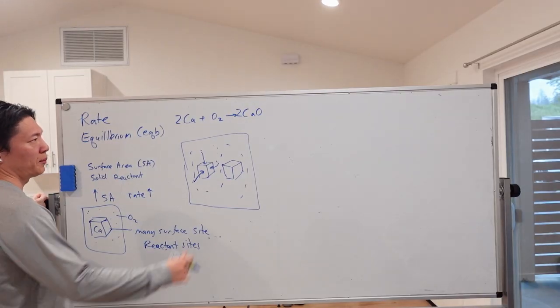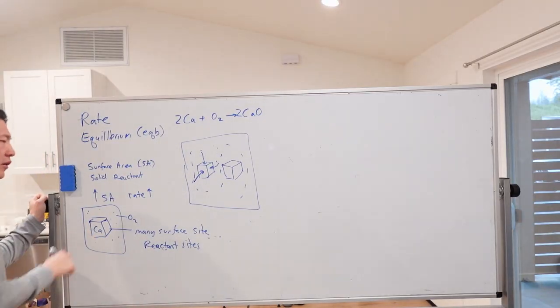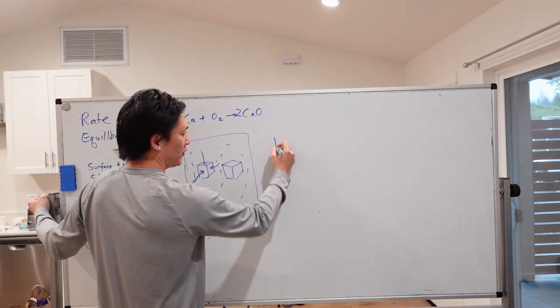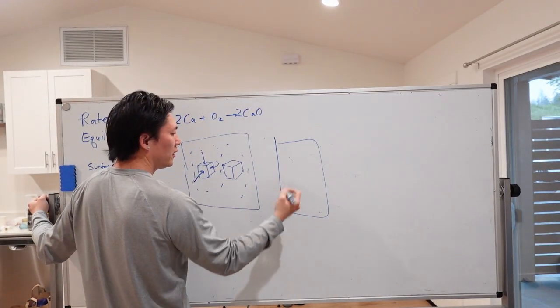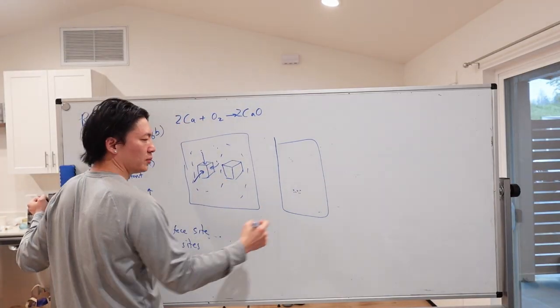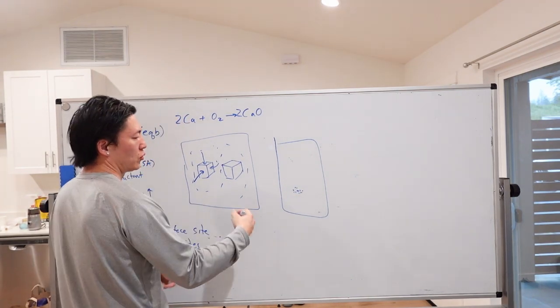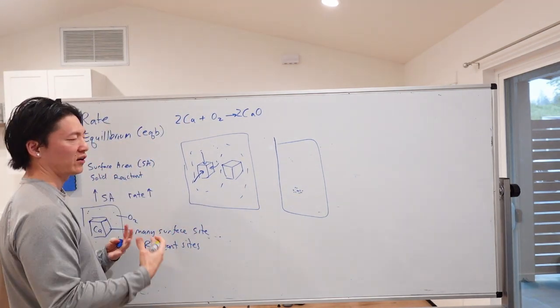And so the amount of CaO forming here is a lot faster than over here. You get the idea, we can even make it more exaggerated. If you have powdered calcium instead of solid calcium, then if you have a powder, they react faster.